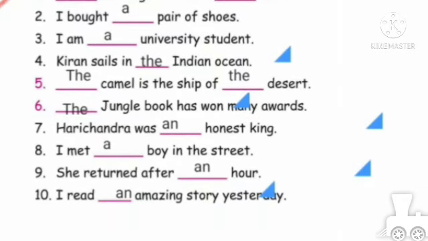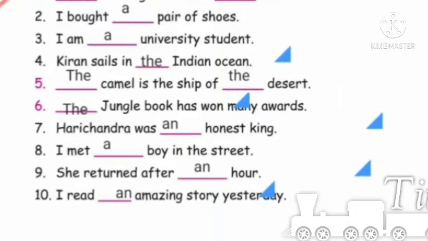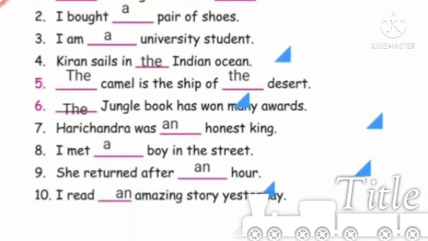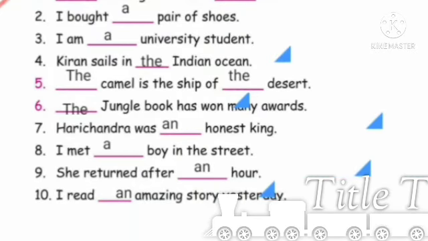So here, the earth goes around the sun. I bought a pair of shoes. Two shoes, but we are always using them at the same time. We are not using one shoe at a time. So we assume it is one thing. That's why we use a.